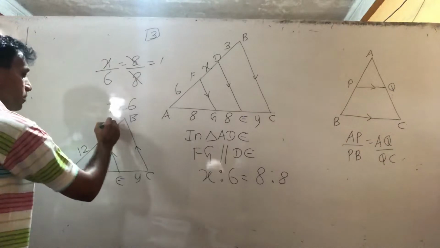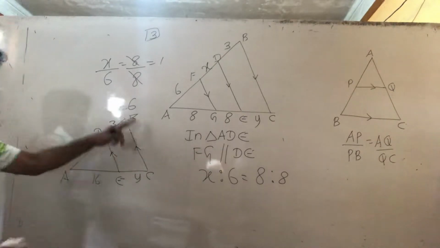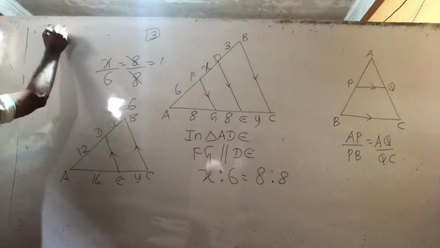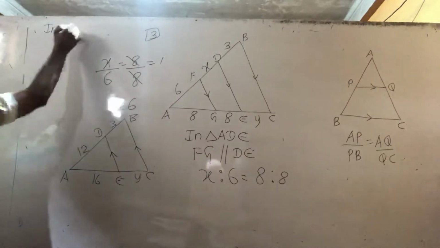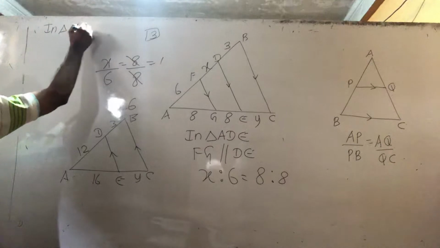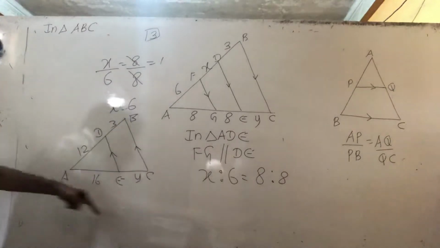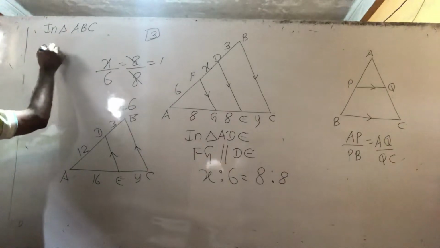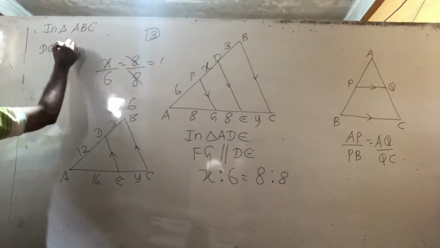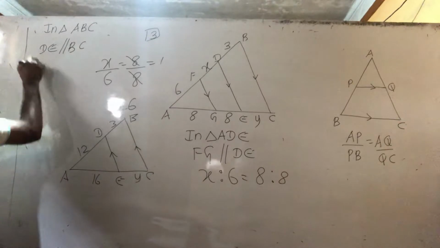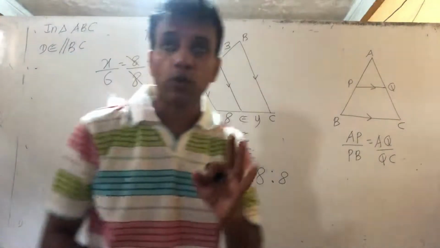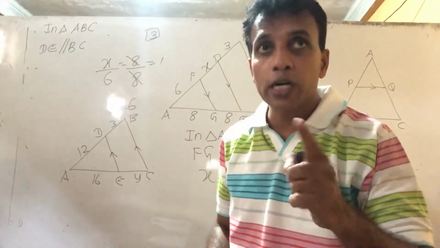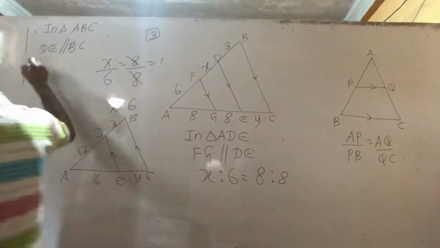So write the ratio in triangle ABC. In triangle ABC, DE is parallel to BC. Therefore, write the ratio. I always say that when writing the ratio, it is better to put the unknown term first. The unknown term here is y.